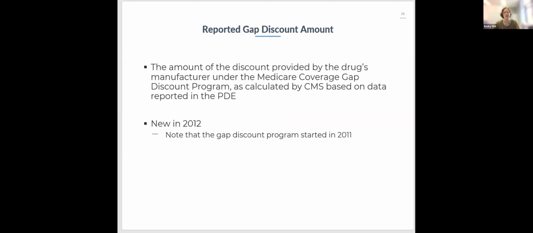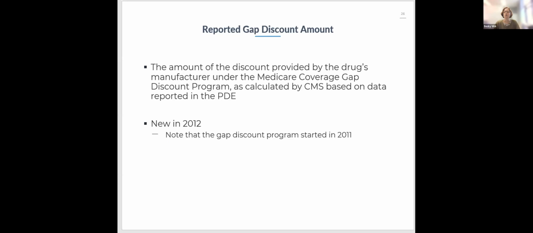So the last component is the reported gap discount amount. It's the amount of the discount provided by the drug manufacturer under the Medicare Coverage Gap Discount Program, as calculated by CMS based on the data reported in the PDE.